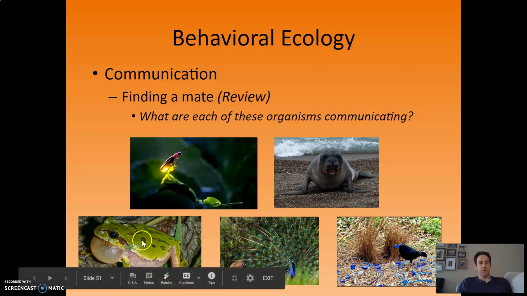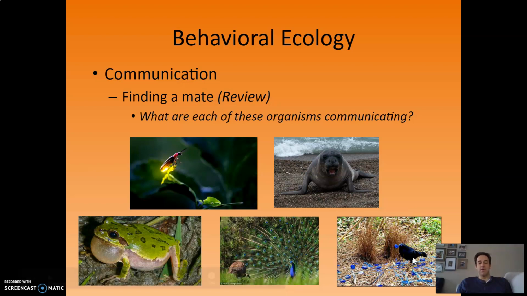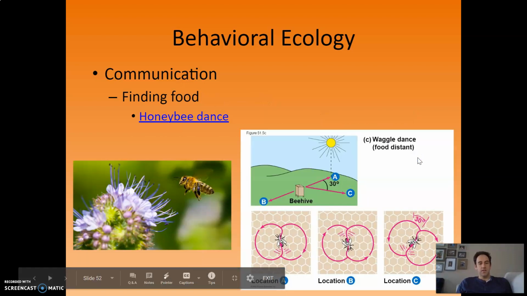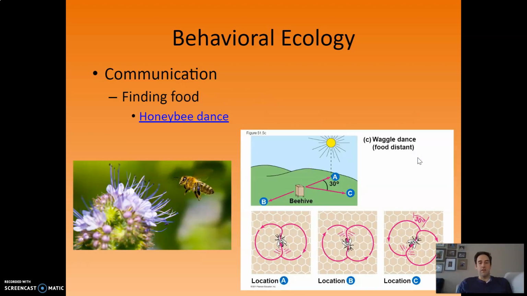We've talked about bird and frog calls. We watched videos on elephant seals and their signal of aggression there. How peacocks and what are those guys called? I forgot for a moment. Bowerbirds have these different strategies to communicate their fitness to a female. So communication is a really important thing for animals for mating.